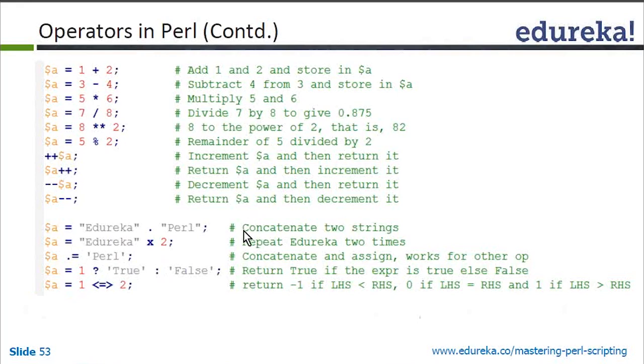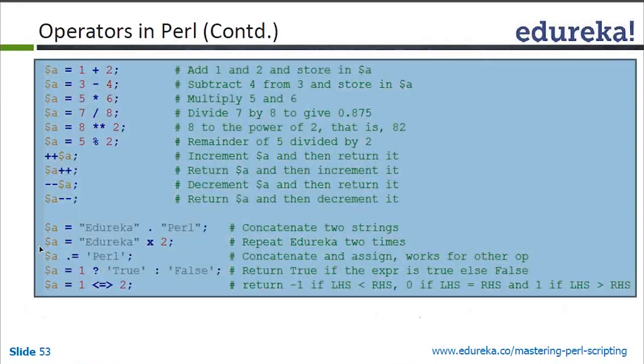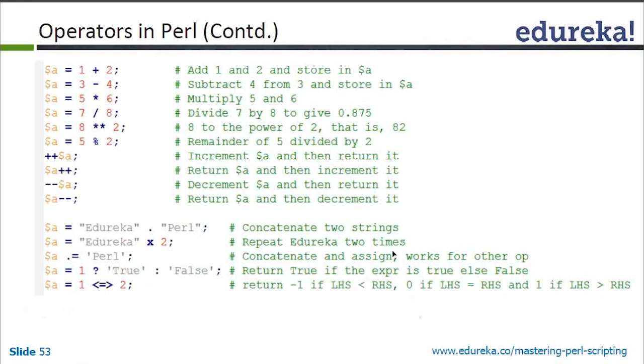Okay, so $a equal to, it should be 64. I think there is a typo. So $a is equal to 8 double star 2, 8 to the power of 2.